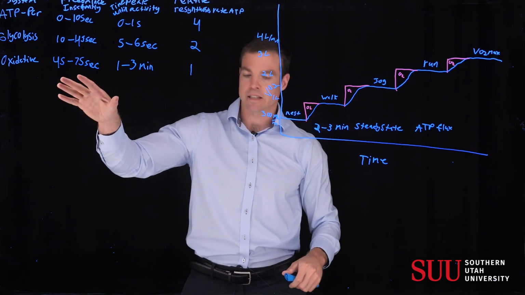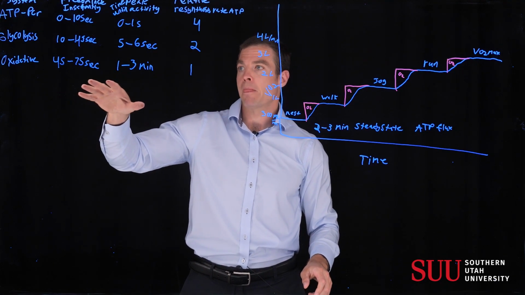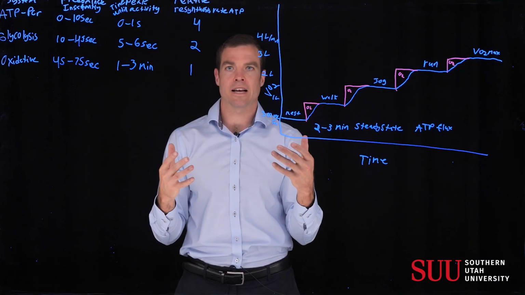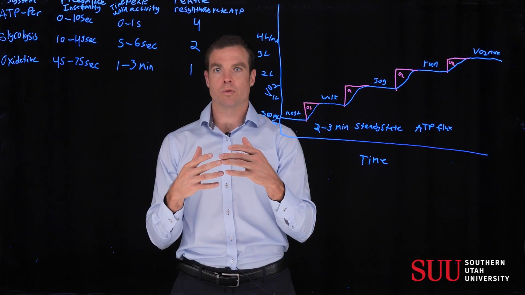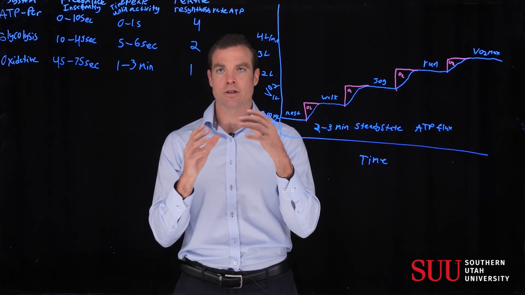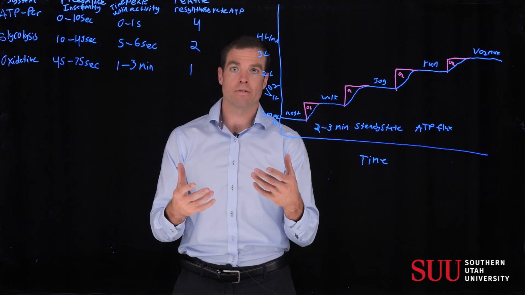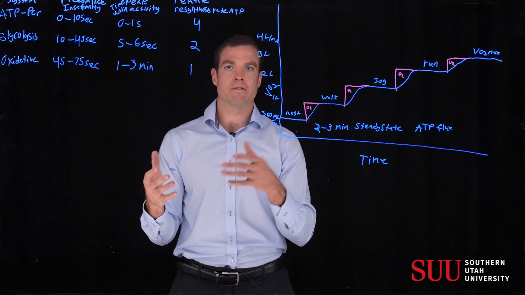Okay, so just again to clarify, your oxidative pathway does take some time to ramp up to get fully activated. Typically, we say like 2 to 3 minutes in order to maximally activate your oxidative system. And that's why when people are training for their VO2 max, you want to run for at least 2 to 3 minutes, and you do something like 3 to 5 minute runs.